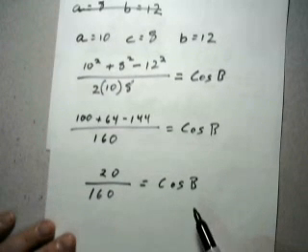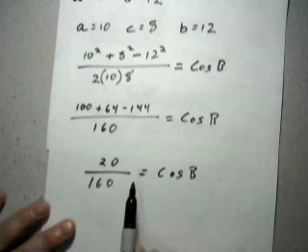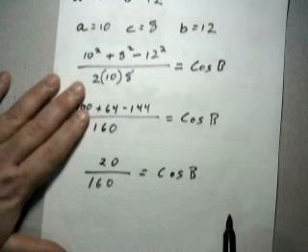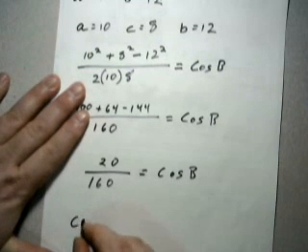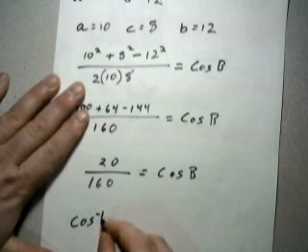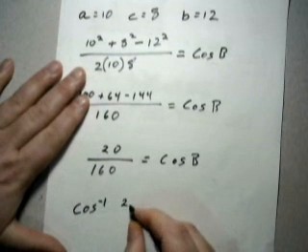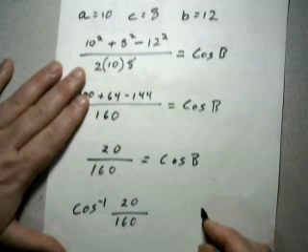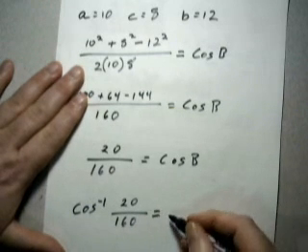Now, what we have here is the ratio and we're looking for the angle. All right? So what we need to do is use the arc cosine of 20 divided by 160. And you can simplify this fraction if you want to, but you don't have to.